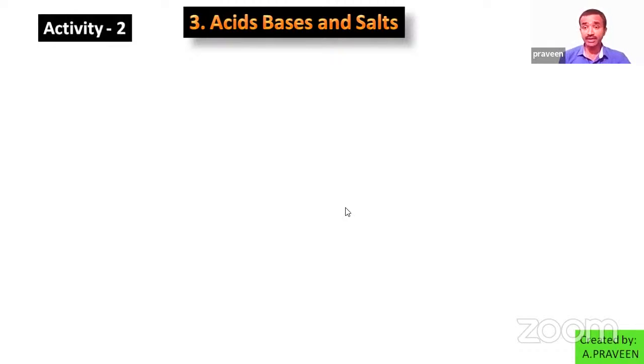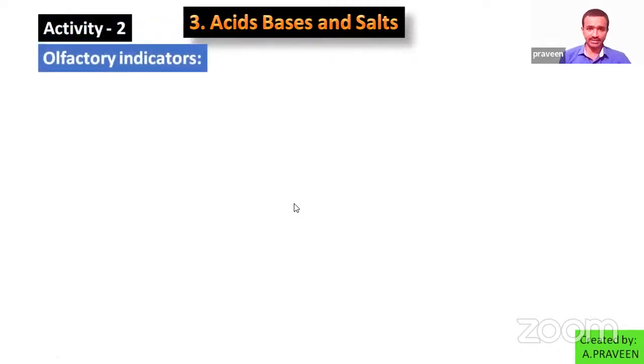Here it is mainly about olfactory indicators. What are olfactory indicators? Simply, an indicator which can help you find the nature of the substance by the change in the smell of the indicator.